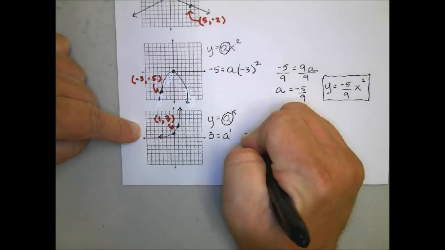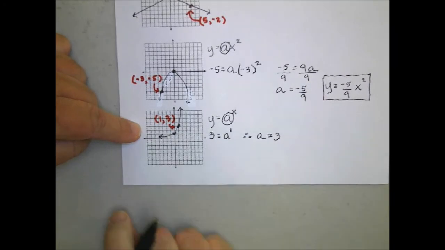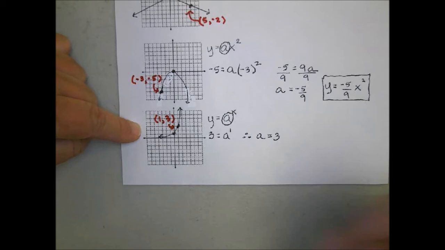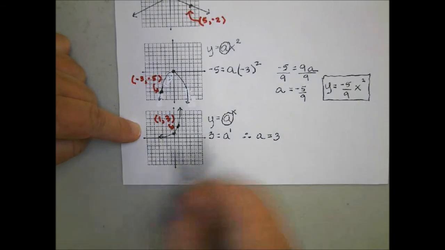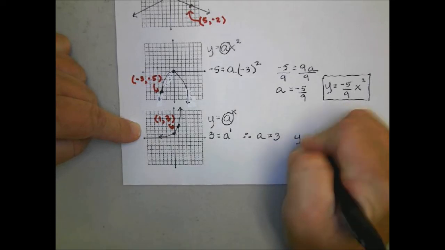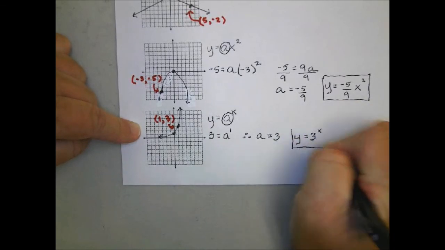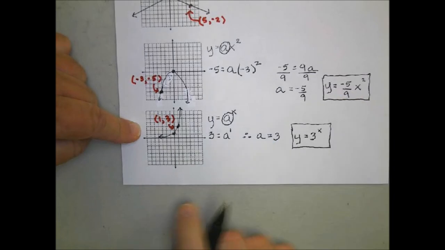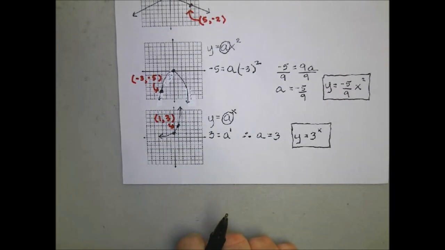So therefore, a must equal 3. Because 3 to the first power is 3. So now that you know your a is 3, you know the equation of this exponential growth graph is y equals 3 raised to the x power. And I believe that finally finishes off worksheet 1.